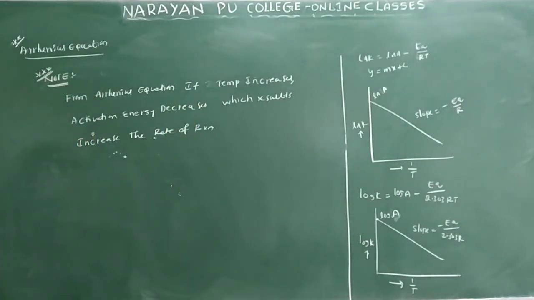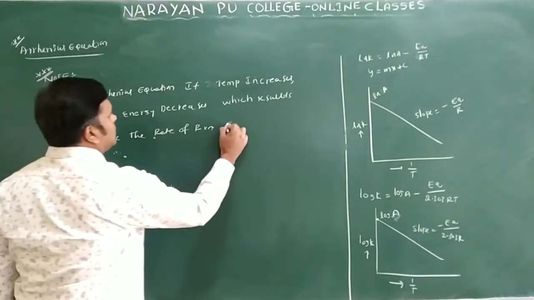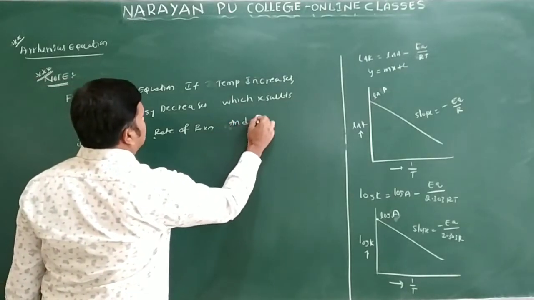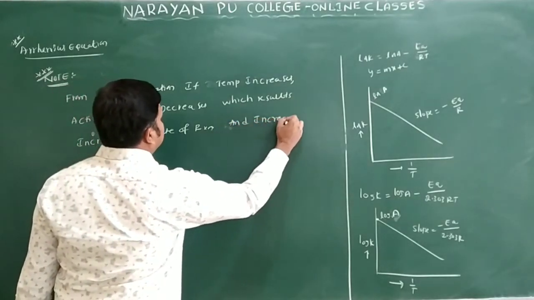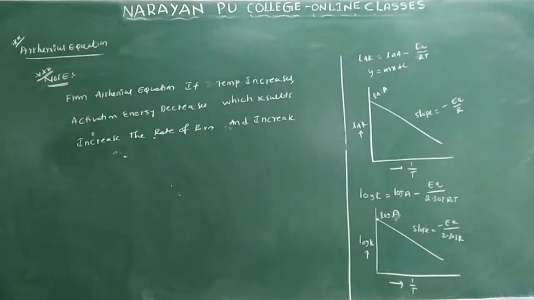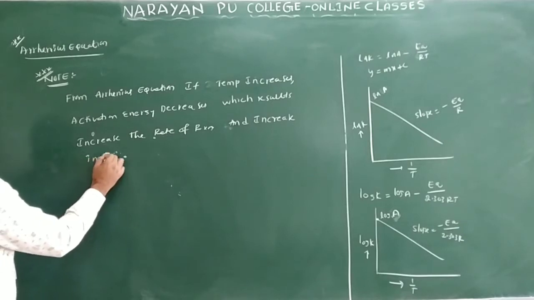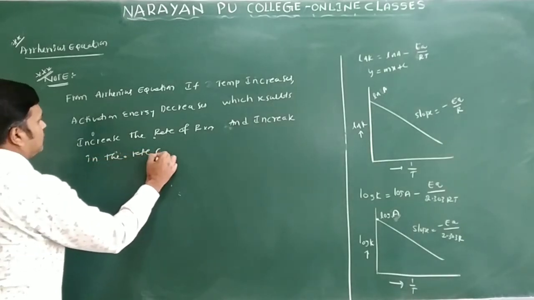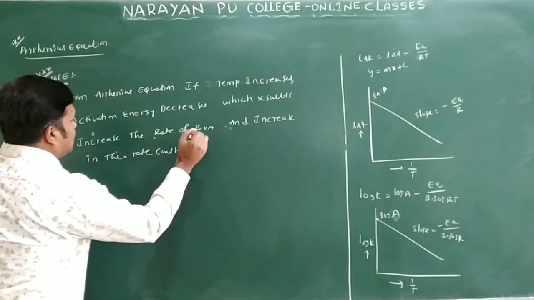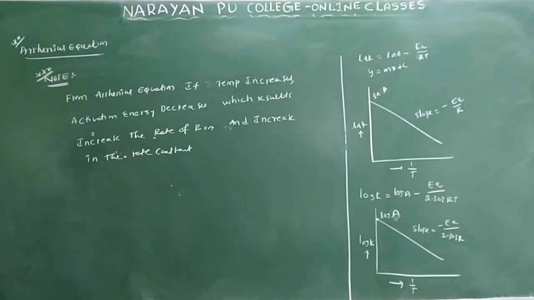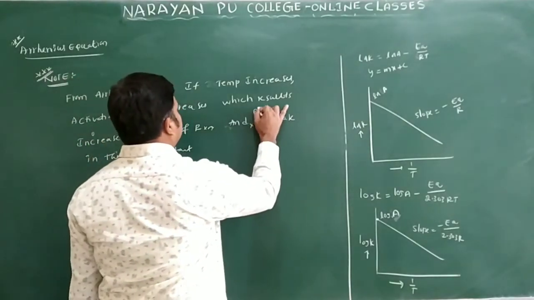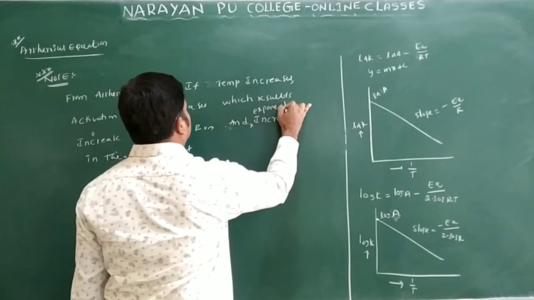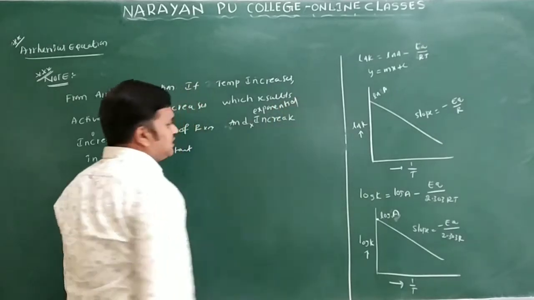So not only does the rate of reaction increase, there is an exponential increase in the rate constant. You can write one more point here: exponential increase in the rate constant.